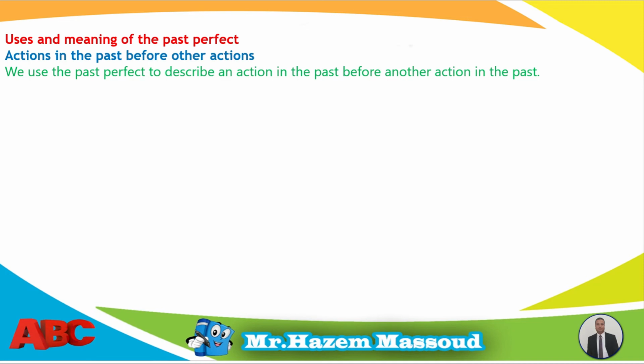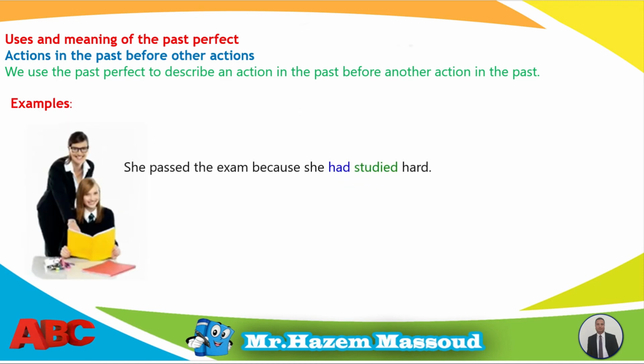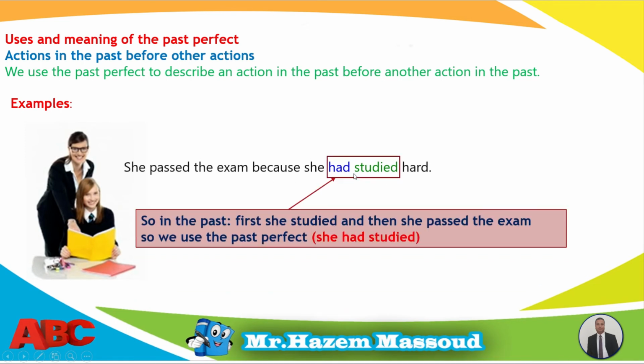The first action will be in the past perfect. For example, she passed the exam because she had studied hard. This is a past perfect. So in the past, first she studied and then she passed the exam. So we use the past perfect. She had studied.